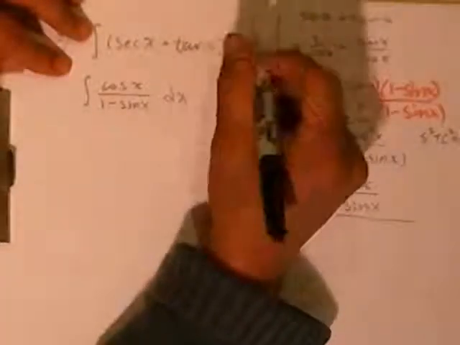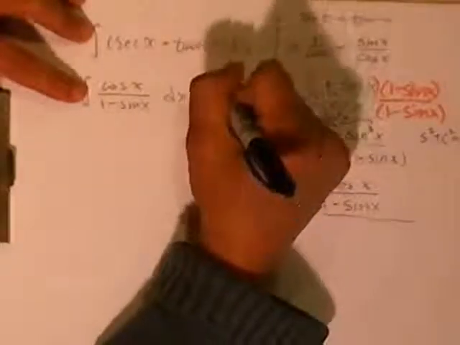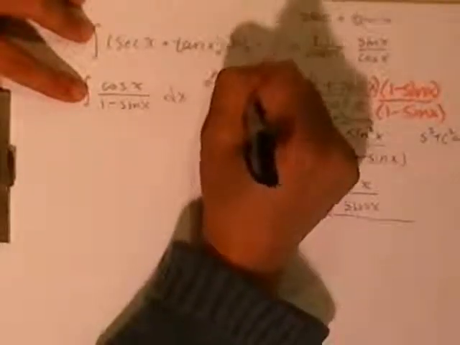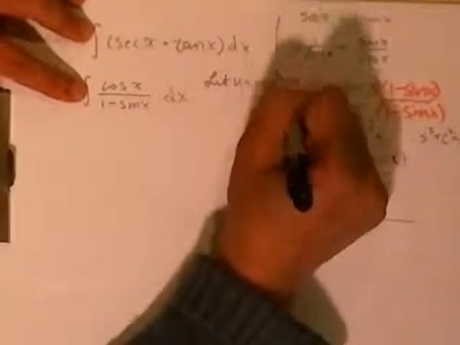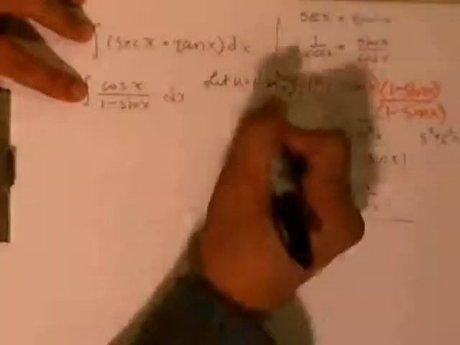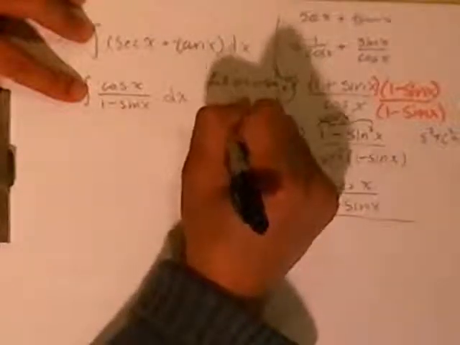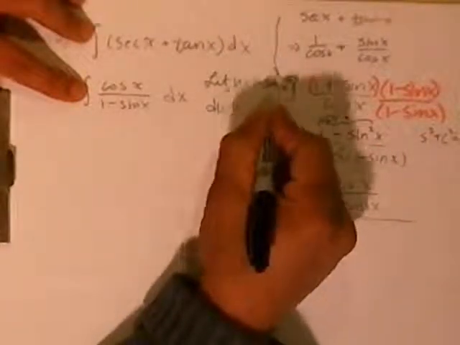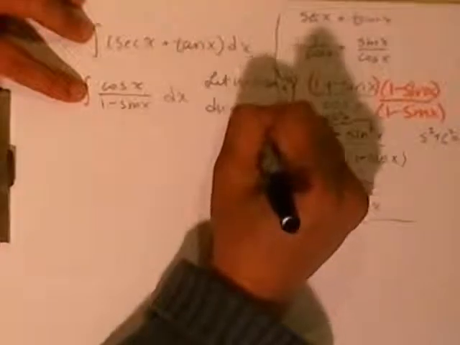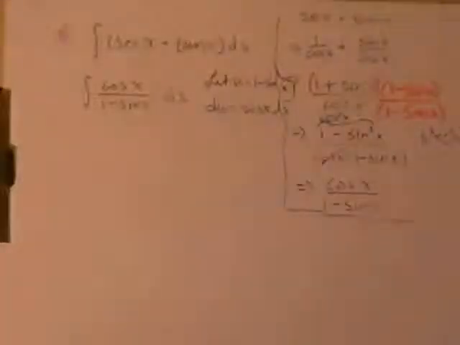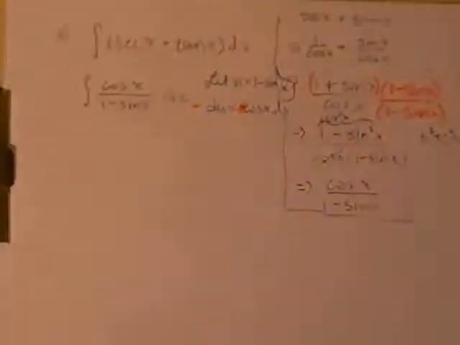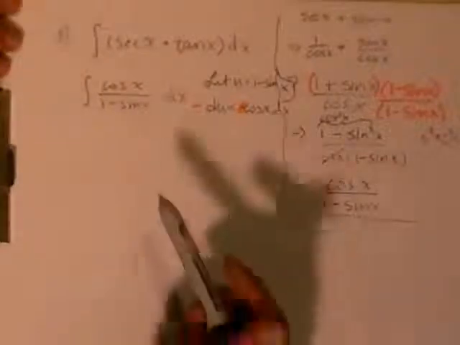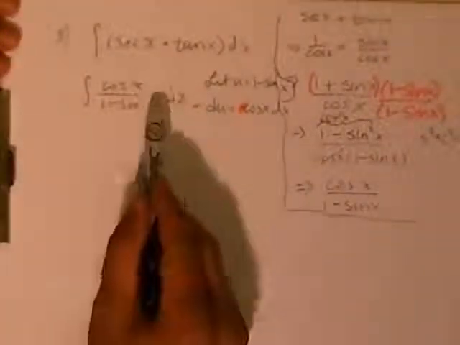Let u equal 1 minus sine of x. Sorry, that's the reason why I had to put a little more space. du: the derivative of a constant is 0, the derivative of sine is cosine, so du equals negative cosine of x dx. The negative moves to the left side, so we have cosine of x dx right there.